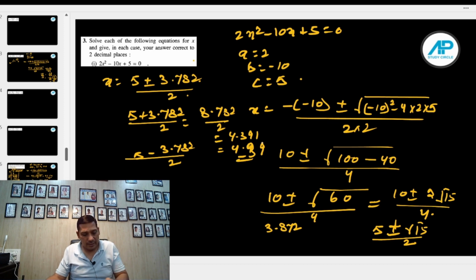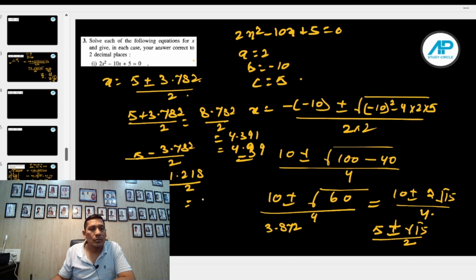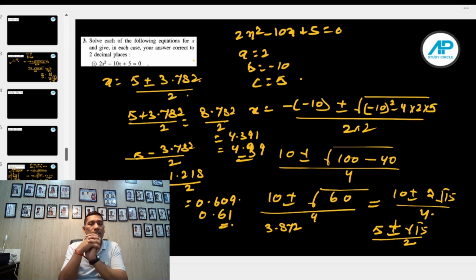The second root, 5 minus 3.782 gives you 1.218 upon 2. Divide by 2, that gives you 0.609. What can you do here? 0.61. You got two answers in two decimal places, 4.39 and 0.61.